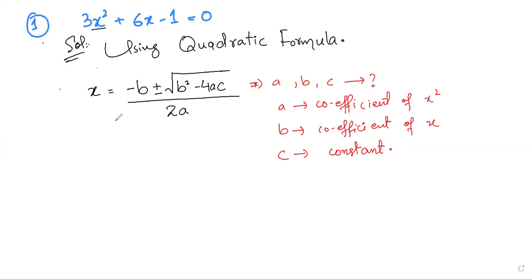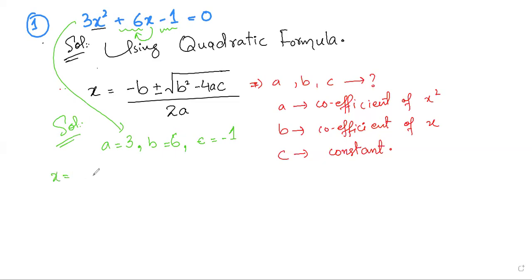So let's go to the solution part. For this given question, a is 3, b is plus 6 as the coefficient of x, and c is minus 1. You just have to plug in the values in the formula and you will get your result.